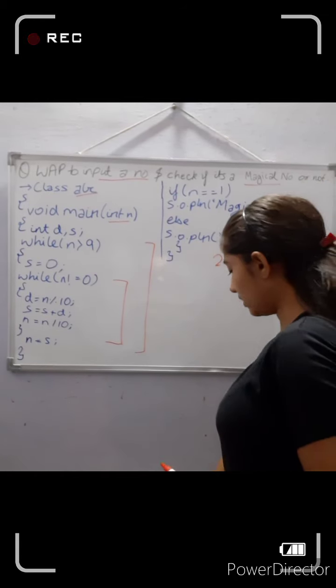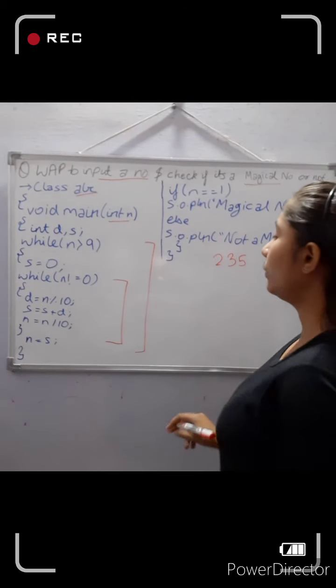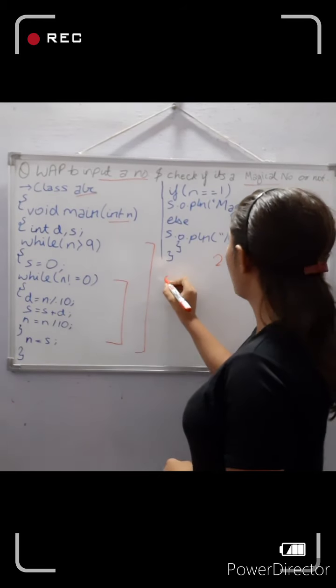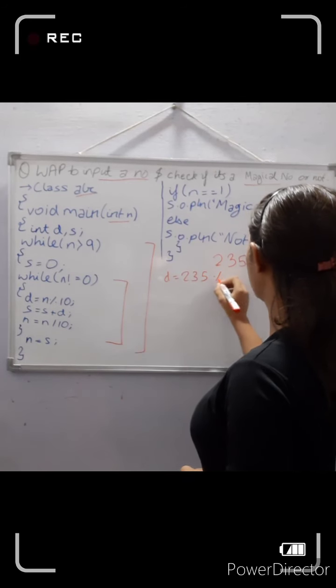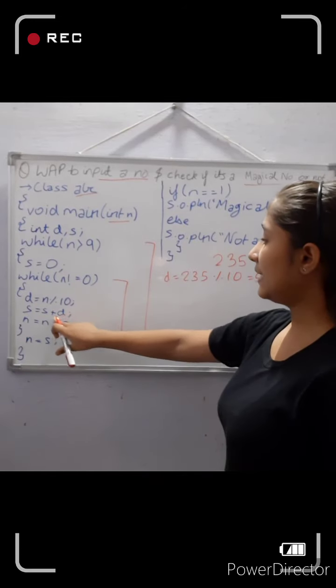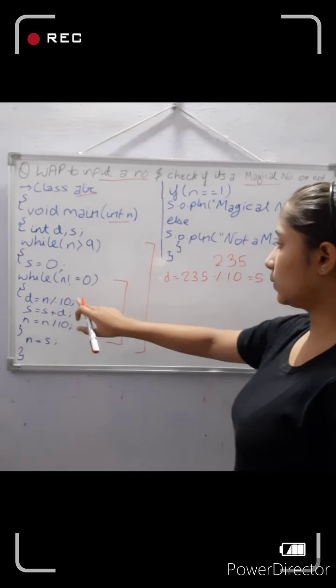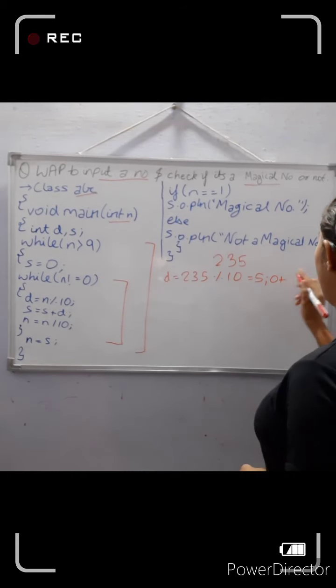So if the number entered was 235, d is equal to n modulus 10. n is 235 modulus 10. We get the number 5. s is equal to s plus d. s was 0, so 0 plus d, which is 5.